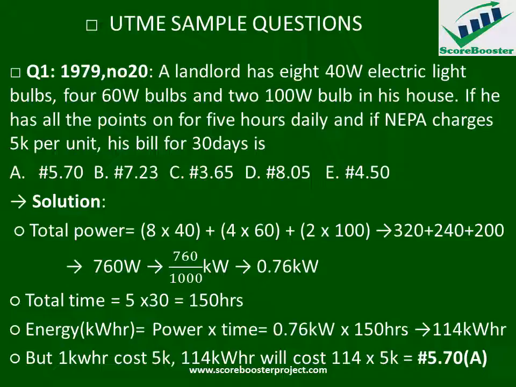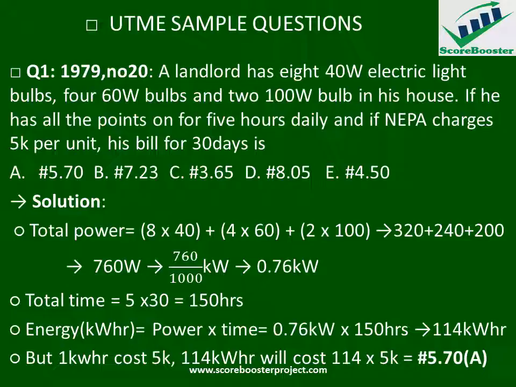A landlord has 840 watts electric light bulbs, 460 watt bulb and 200 watt bulb in his house. If he has all the points on for 5 hours daily, and if NEPA charges 5 kobo per unit, his bill for 30 days is dash.